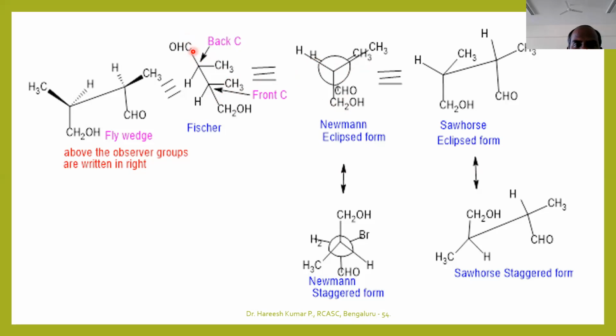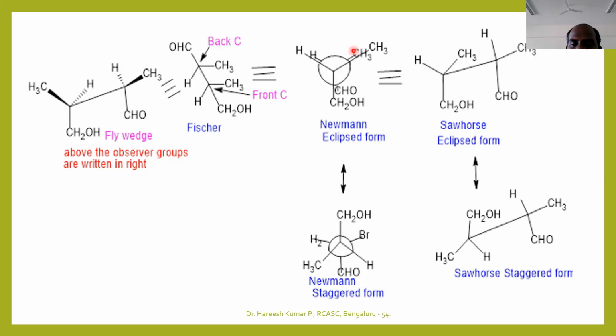Similarly here, CHO is down, on the right hand side CH3, and on the left hand side H. The Newman eclipsed formula is obtained. So this can be converted into a Sawhorse. CH2OH is this, CH3 is this, H is this. And similarly, CHO is this, CH3 is this, and H is this.